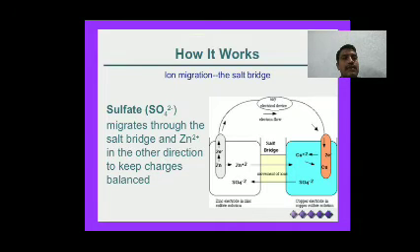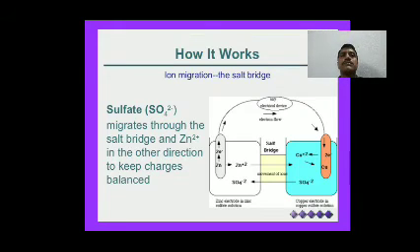How is there electrical contact between the two half cells? Sulfate ions migrate through the salt bridge, and Zn2+ in the other direction, to keep charges balanced. By the transfer of sulfate ions from the salt bridge, when zinc ions increase at the anodic half cell, electrons transfer to the cathodic half cell. At the cathodic half cell, copper ions are already present.